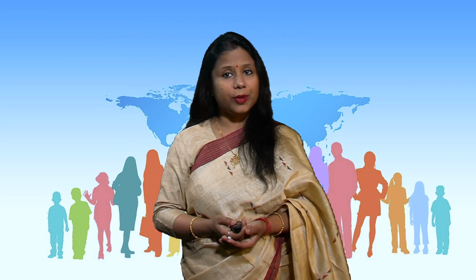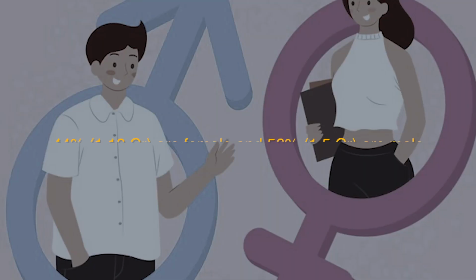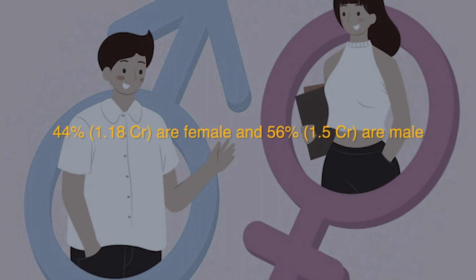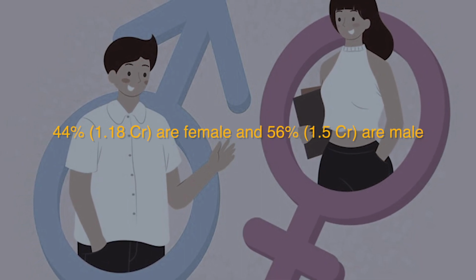As per the census 2011 data, 2.68 crore population of India, that is 2.21% of India's total population, are classified as disabled. Of the population with disabilities, 44%, that is 1.18 crore, are female and 56%, that is 1.5 crore, are male.